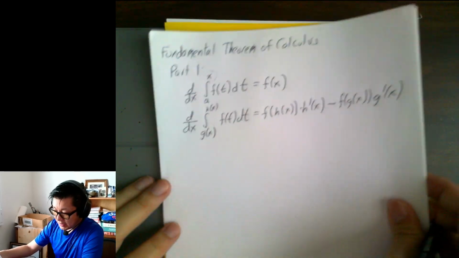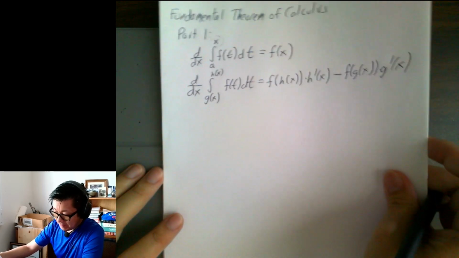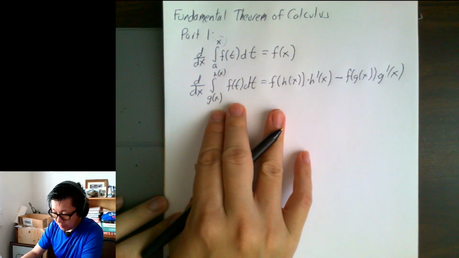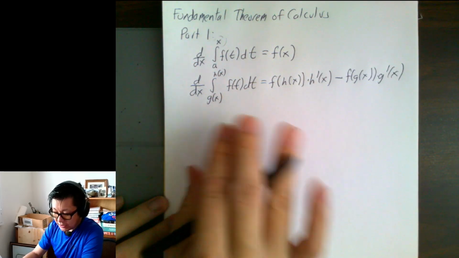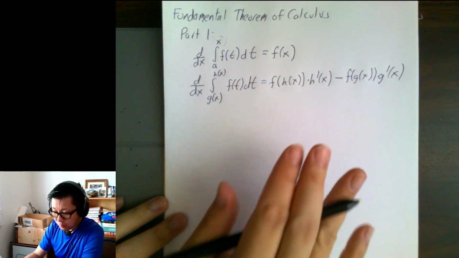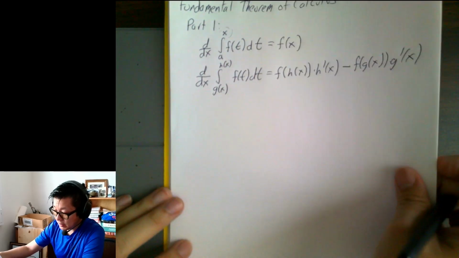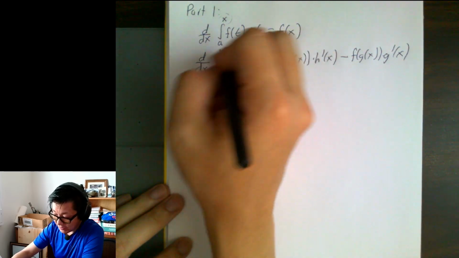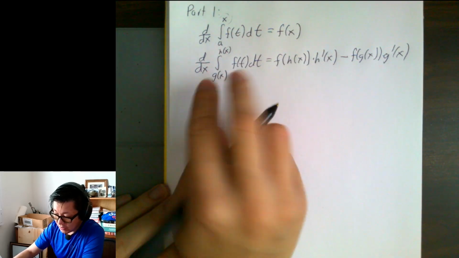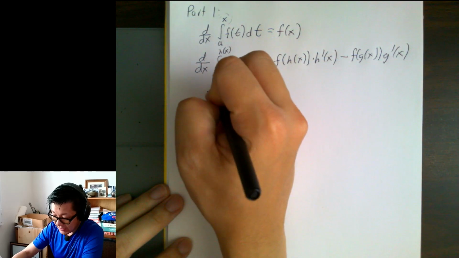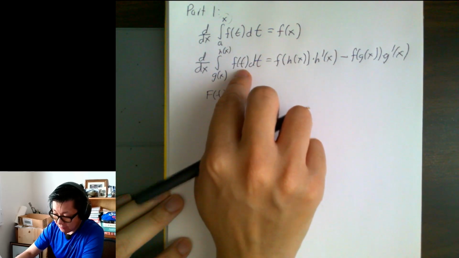This formula is derived from, so we're going to derive the formula, but you're not actually going to need to derive it, you're just going to need to apply it in problems. So just as a quick derivation, if I start from this point, let's say capital F is the antiderivative of lowercase f.